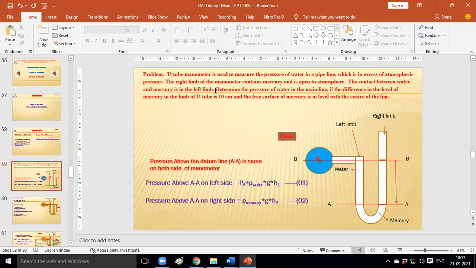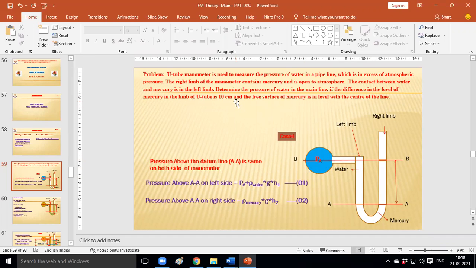Okay. Now determine the pressure of water in the main pipeline, that is represented by the notation PA. If the difference in level of mercury in the limb of U-tube is 10 centimeter, we need to show the mercury in both limbs, left limb as well as right limb, but the difference of mercury level between these two limbs is how much? 10 centimeter.